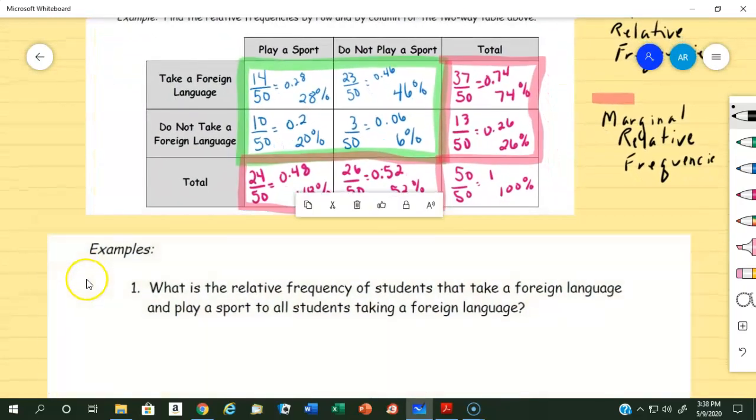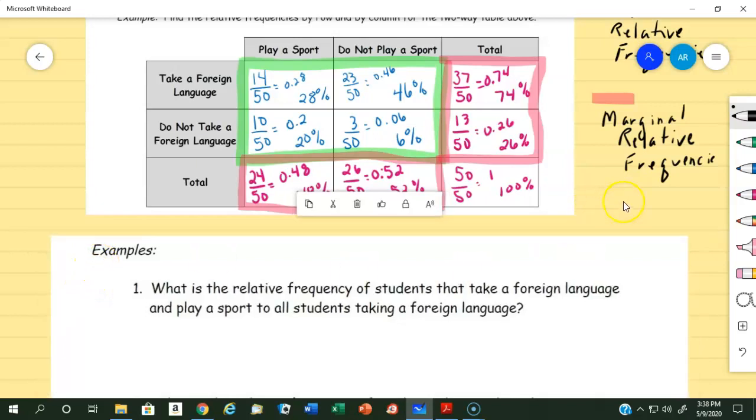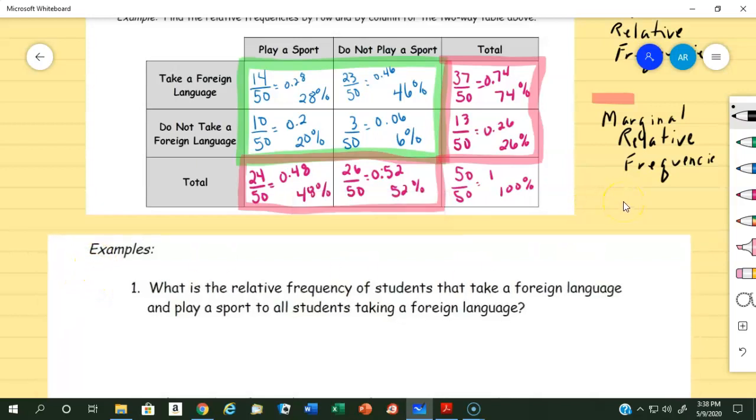It says, what is the relative frequency of students that take a foreign language and play a sport to all students taking a foreign language? So there's two pieces to this. So remember, when we talk about there being a ratio, we're always looking for that "to" to tell us what's the numerator and what's the denominator. So this is going to be what we call a conditional relative frequency.